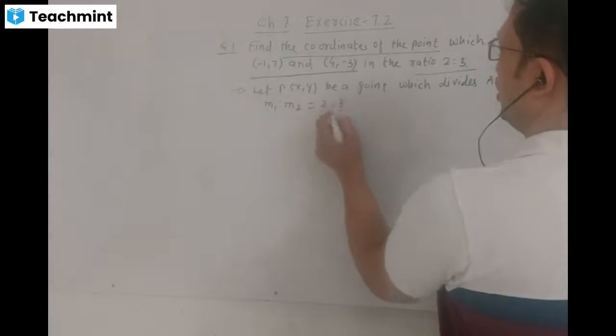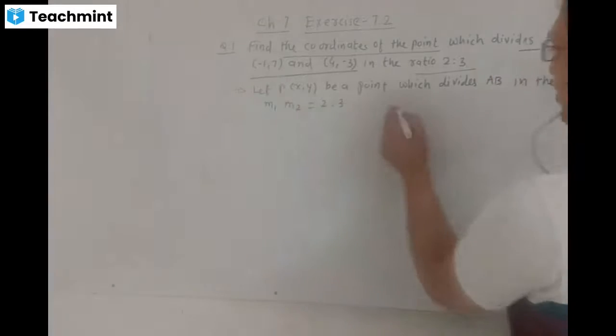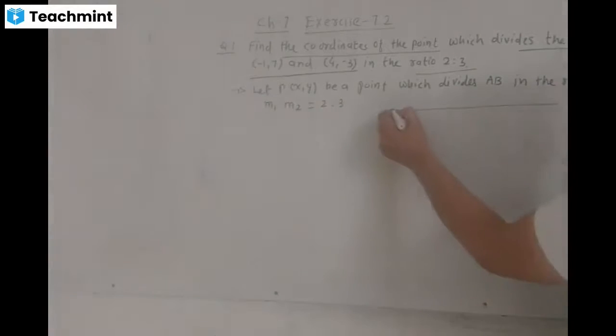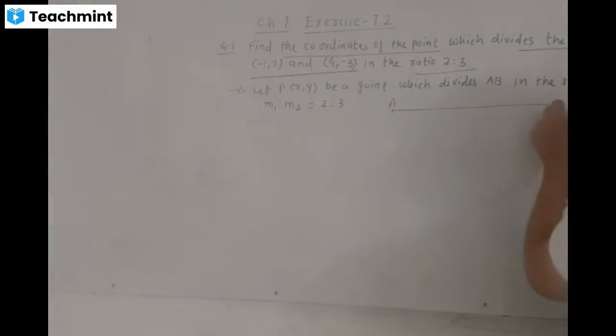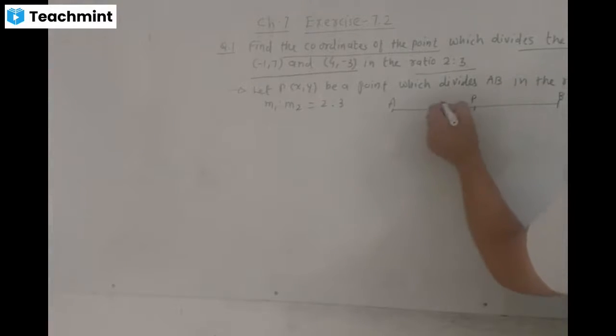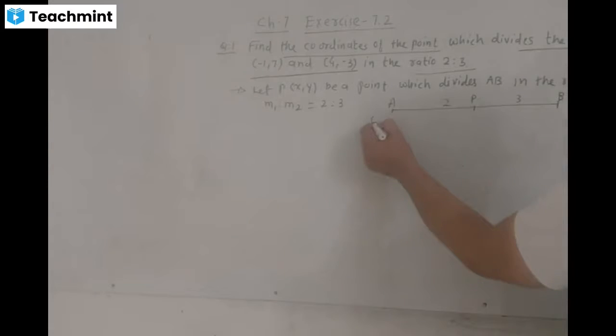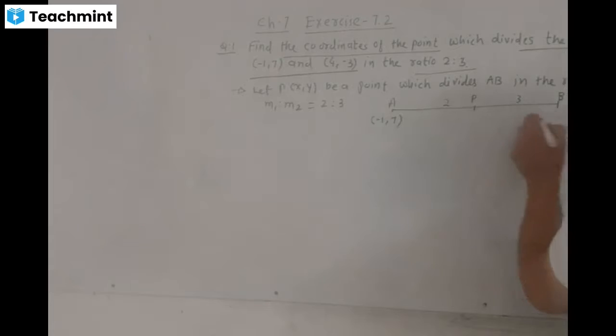Let point A be (x1, y1) and point B be (x2, y2). P divides in the ratio 2 is to 3, point A is (-1, 7) and point B is (4, -3), and point P is (x, y). Here we apply the section formula.